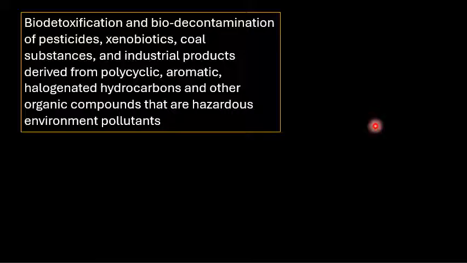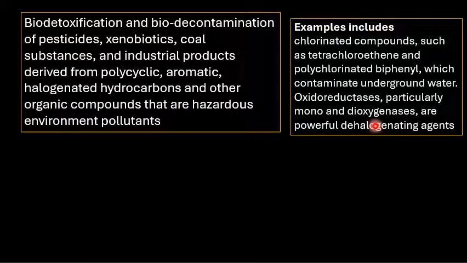So the use of these enzymes is important in removal of these toxic substances. Examples include chlorinated compounds such as tetrachloroethene. We also have polychlorinated biphenyl. They contaminate underground waters. Now, the oxidoreductases usually are powerful dehalogenating agents because their action is a redox reaction.